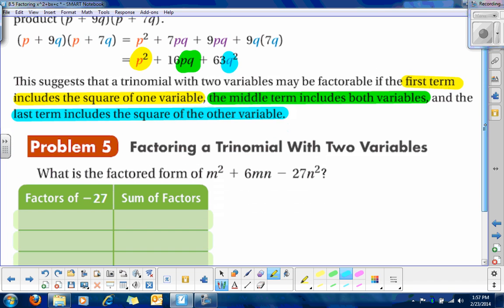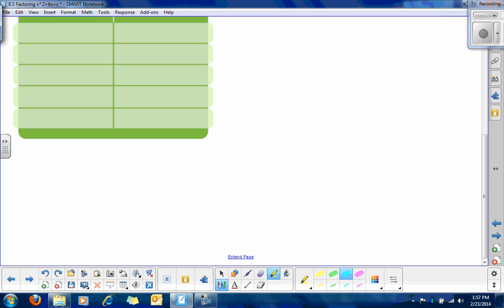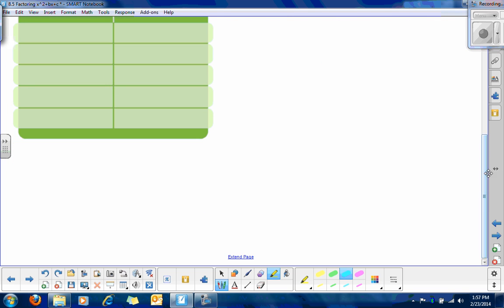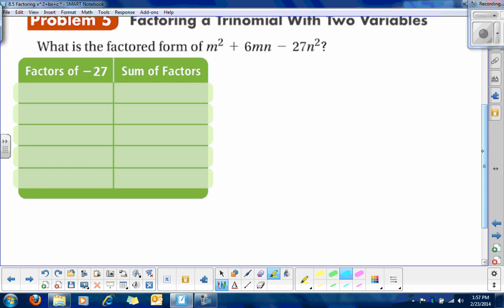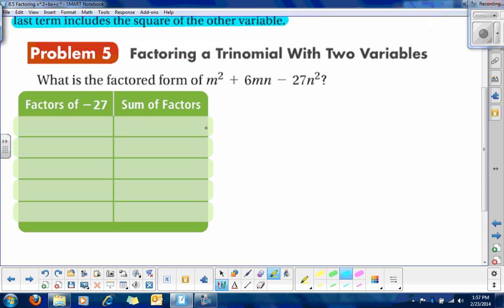All right. So here's problem 5. And I don't want you to get freaked out because I think I have too many spaces in this table, but it doesn't matter. Okay? So let's factor a trinomial with two variables. Okay. All right.